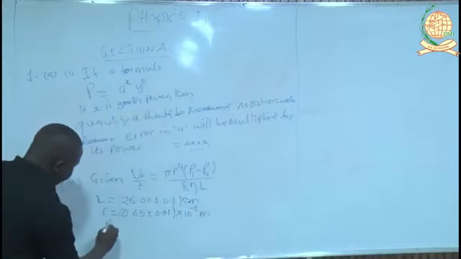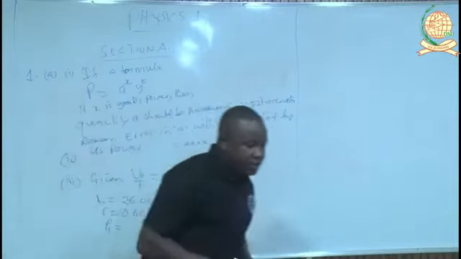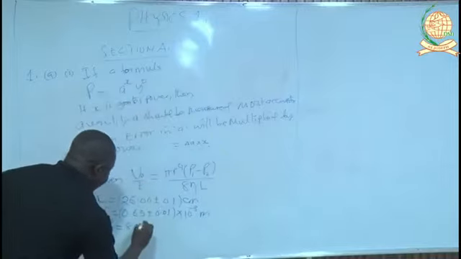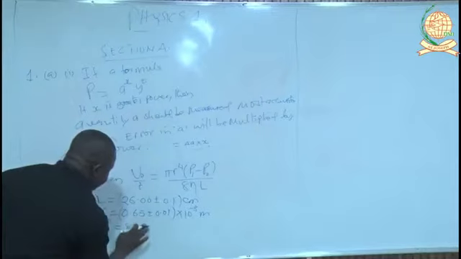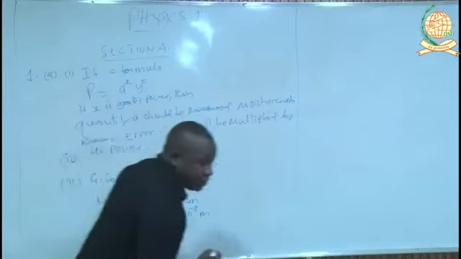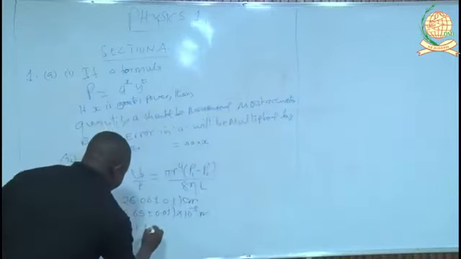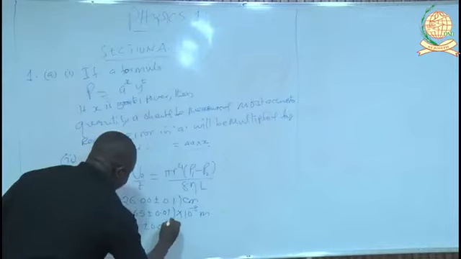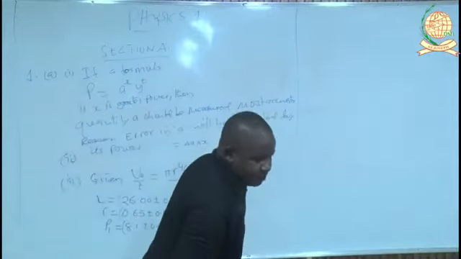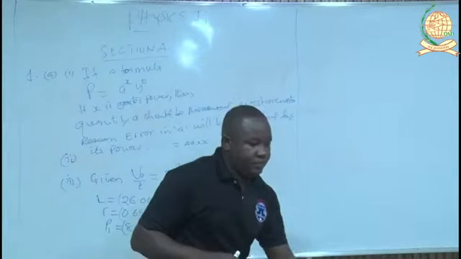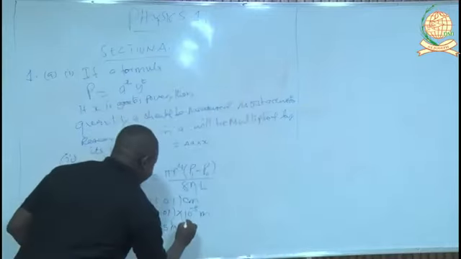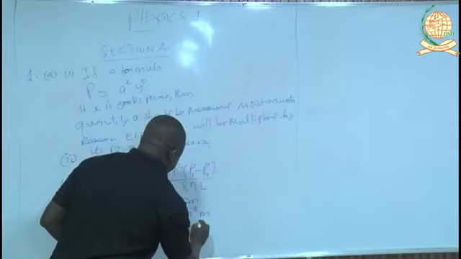The pressure P1 is given as 8.1 plus or minus its error 0.05, all times 10 to the power 3, in Newton per meter square.